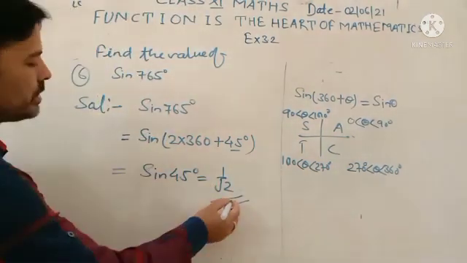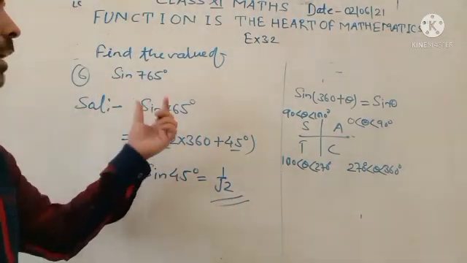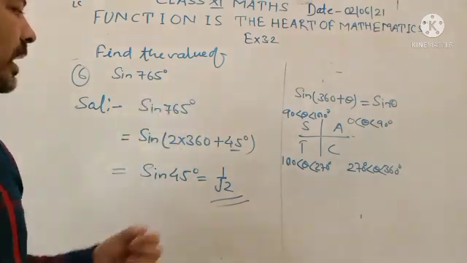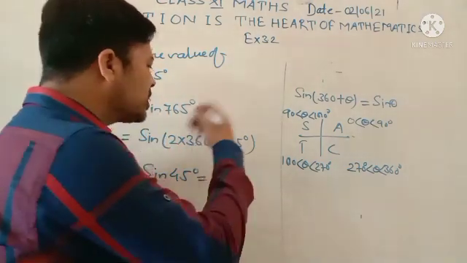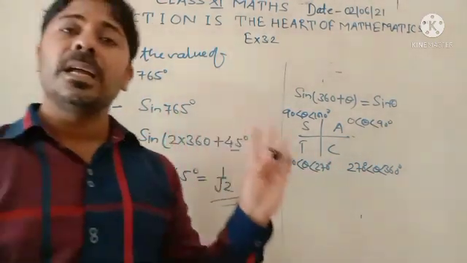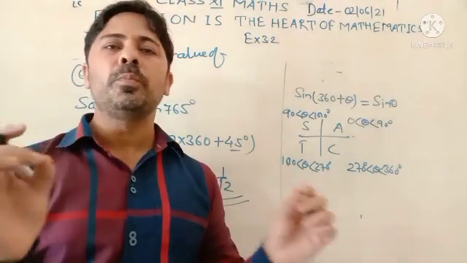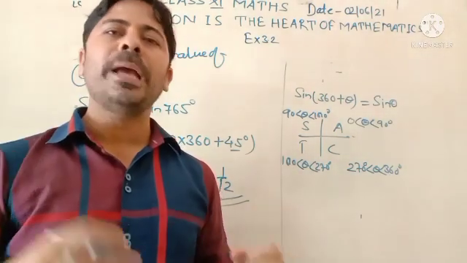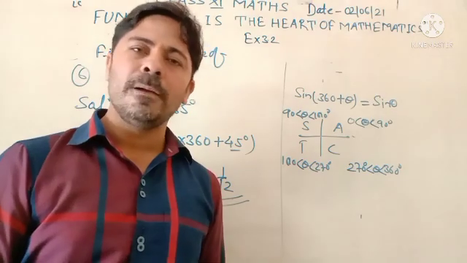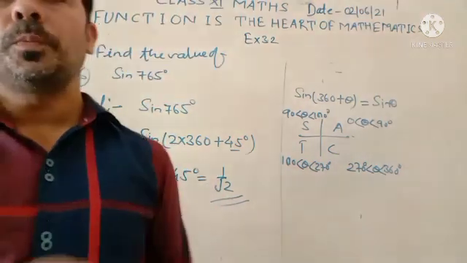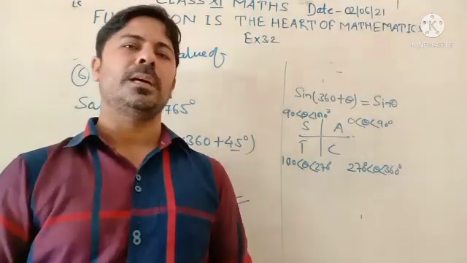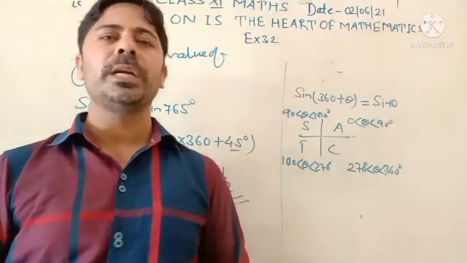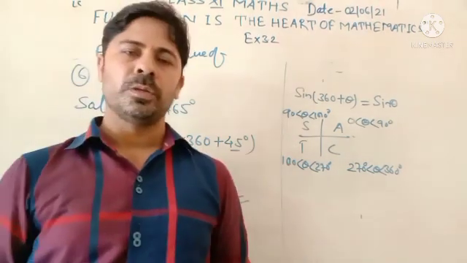Then you find the suitable value with the help of that. If it is in degrees, then you have to use 360 plus theta. When it is in radians, then you have to use pi plus theta, pi minus theta, 2 pi plus theta and 2 pi minus theta. So using this you can calculate all the trigonometric values. Thank you.